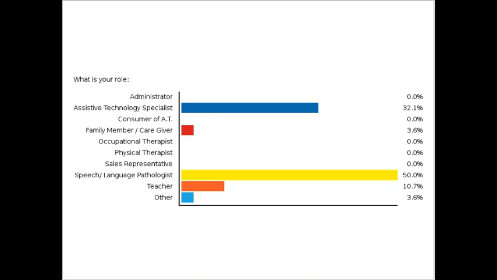So I traveled to schools in the 5-county area around Pennsylvania, and then I worked for a statewide system in Pennsylvania that's now called PATAN. And then I travel and work as an independent assistive technology consultant and trainer.